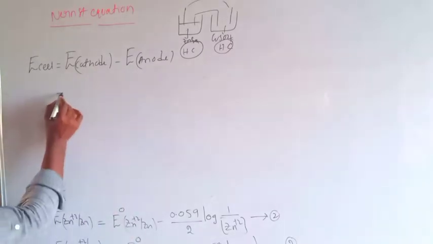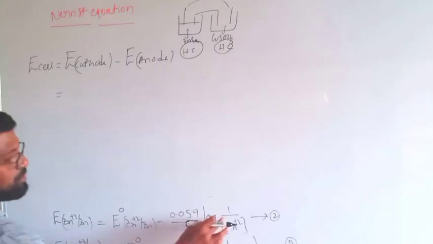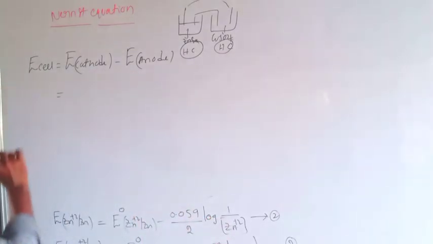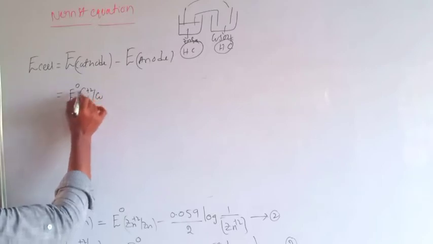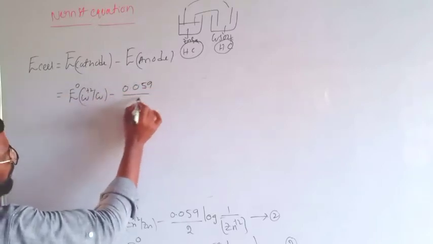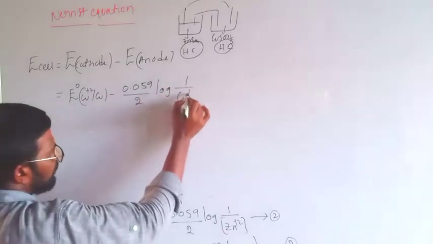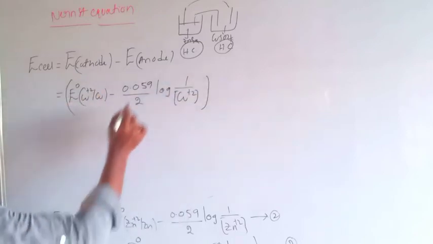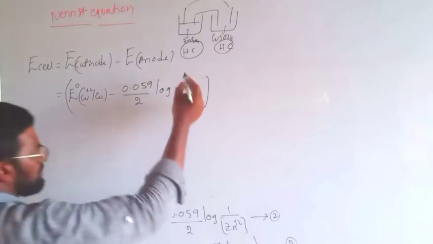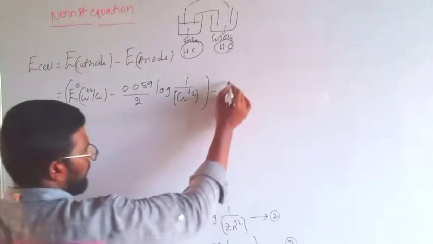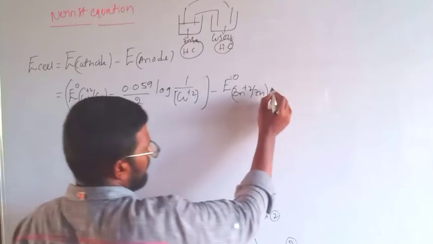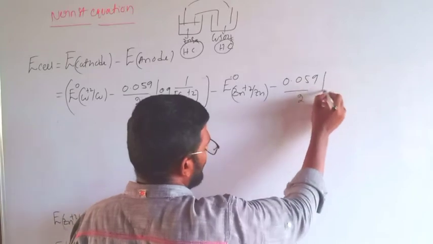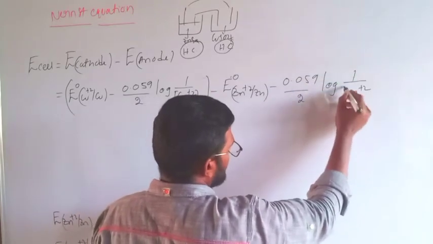So here, on substituting equations 2 and 3 in this formula, we get the electrode potential of the cell is equal to, first, the electrode potential of the cathode. The cathode is copper, so E naught Cu plus 2 bar Cu minus 0.059 by 2 log 1 by Cu plus 2 concentration, minus E anode, that is the anode is zinc in zinc sulfate solution, that is minus the standard electrode potential of zinc minus 0.059 by 2 log 1 by Zn plus 2 concentration.